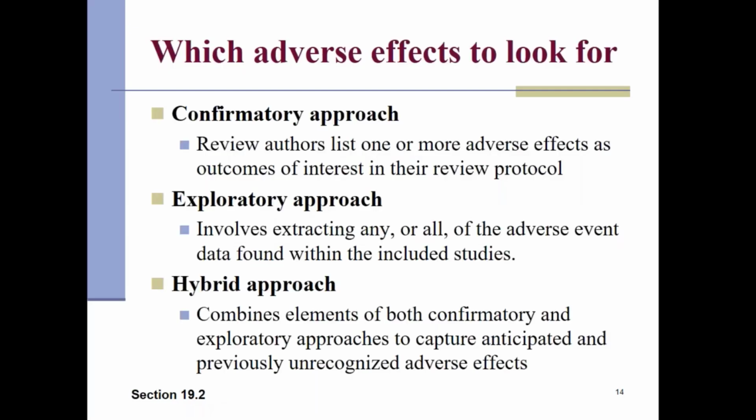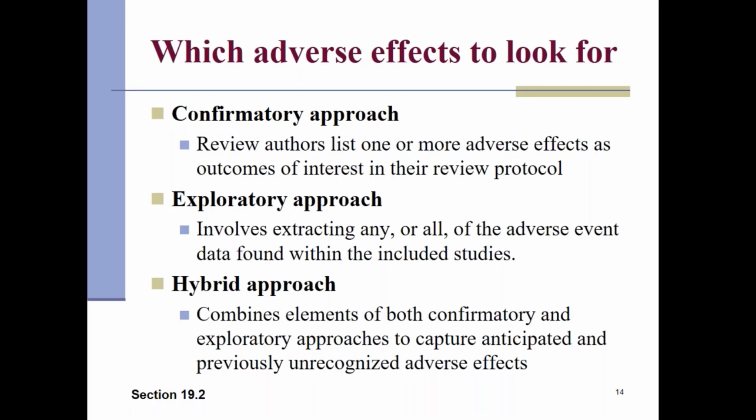Now, how you approach this depends on your type of question. Basically, there are three types of approach to doing a review of adverse effects. There's the confirmatory approach. This is where review authors list one or more adverse effects as outcomes of interest in their review protocol.